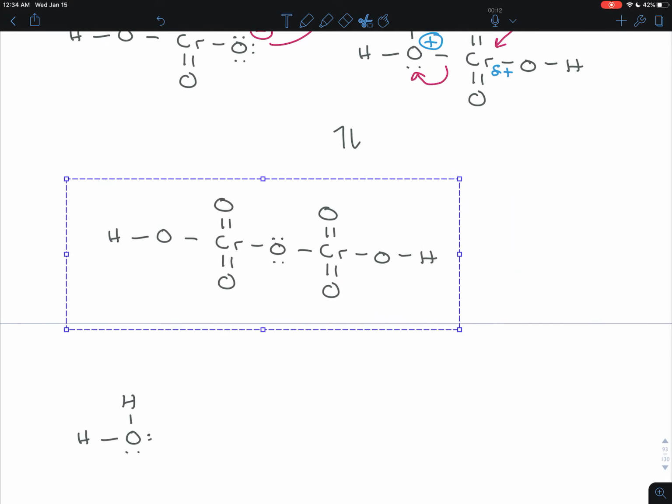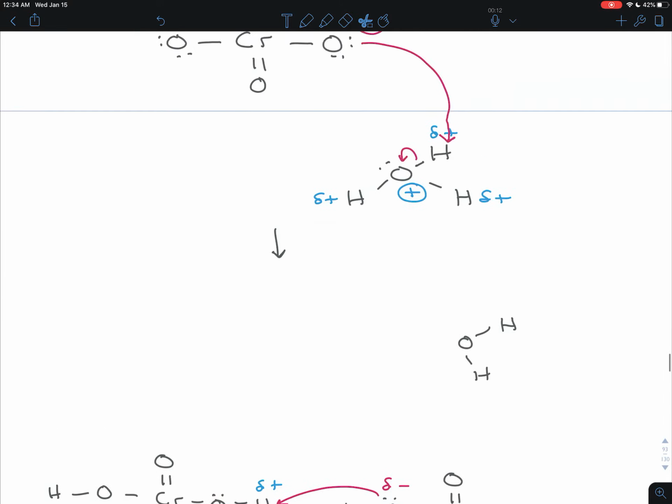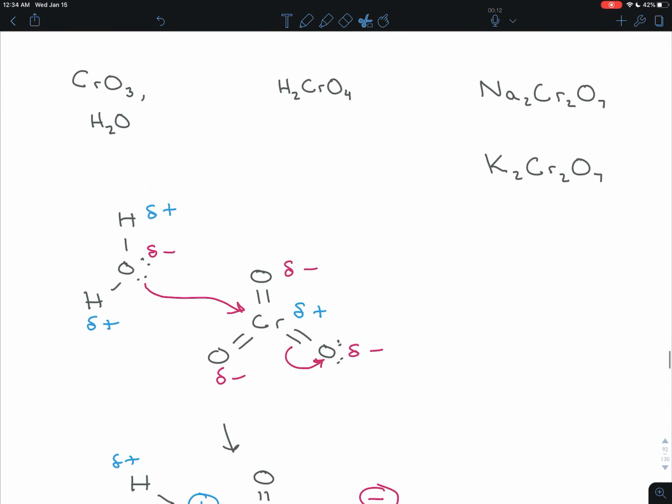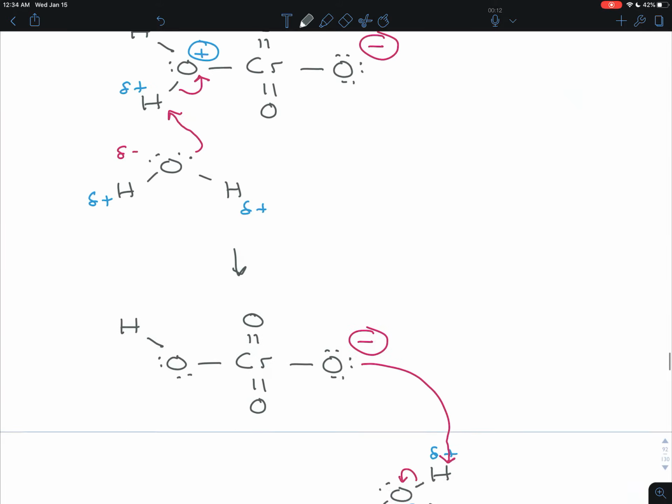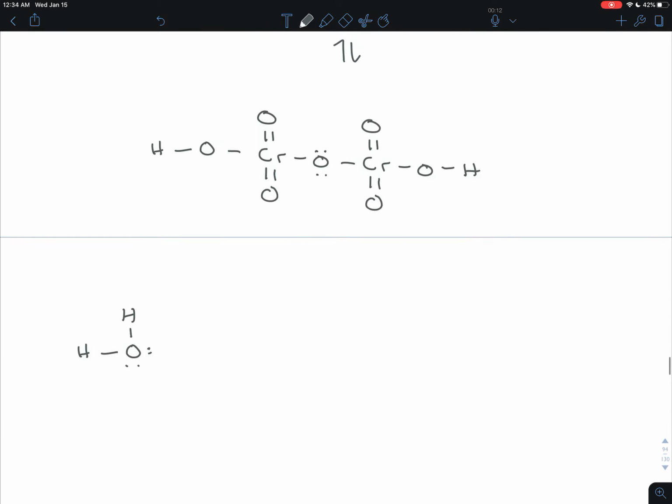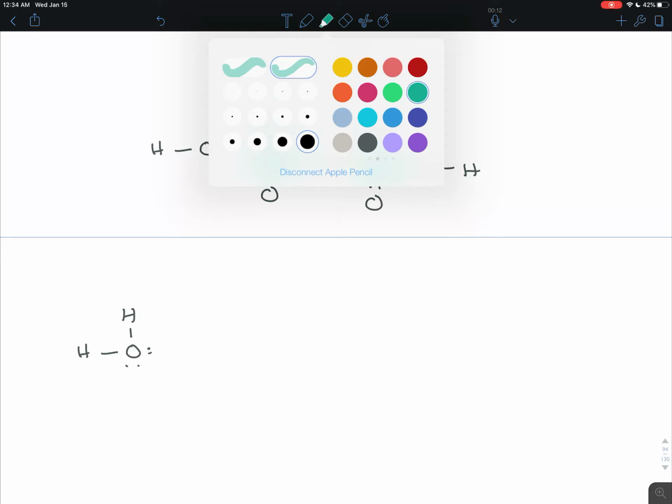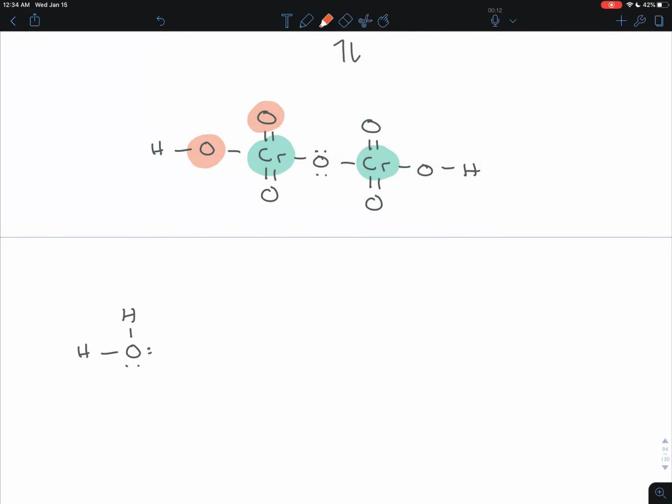So now we have something that is really similar. We're definitely getting closer to the reagent that we wanted to describe, sodium dichromate or potassium dichromate. Notice this, Cr2O7. Here we have Cr2 and then O, 1, 2, 3, 4, 5, 6, 7.